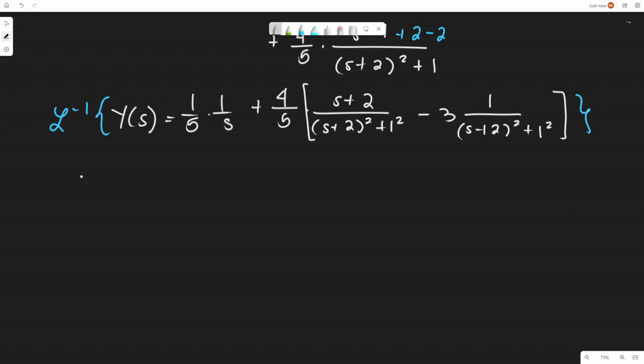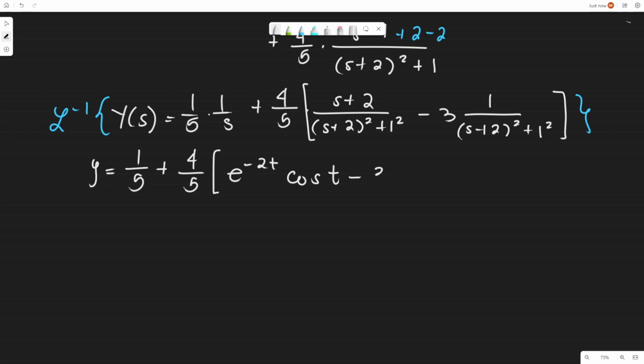Okay? So, we have here y is equivalent to 1 over 5 because the inverse Laplace transform of 1 over s is 1. So, plus 4 over 5, okay, multiplied to e raised to negative 2t. This is cos t. Kasi ang b natin dito ay 1.